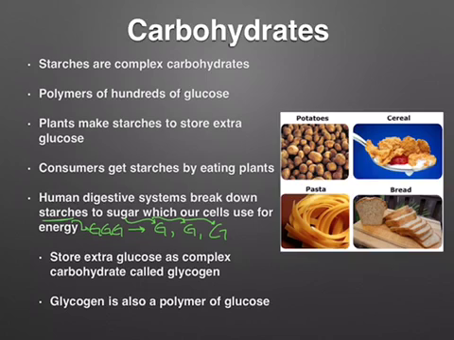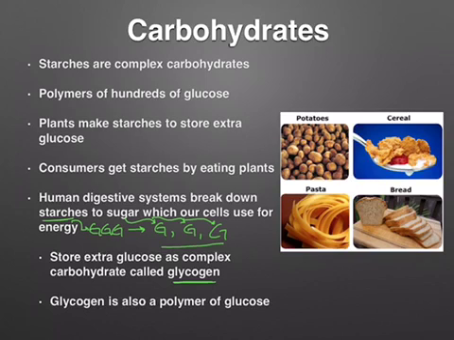And our cells can actually use those sugars for energy. If we have too many glucose molecules, we can chain them back together and rearrange this chain to make a complex carbohydrate that we call glycogen.